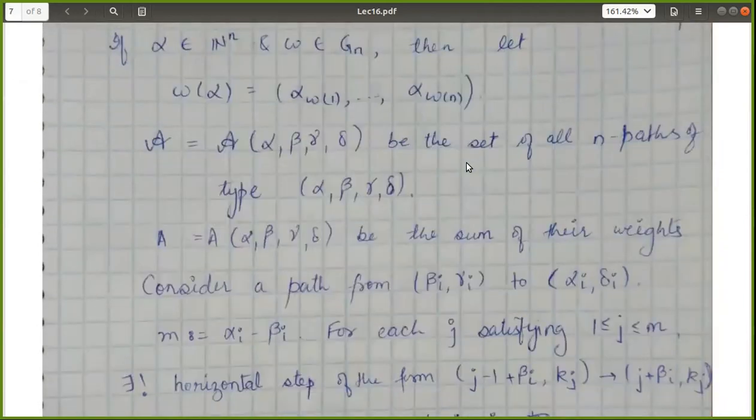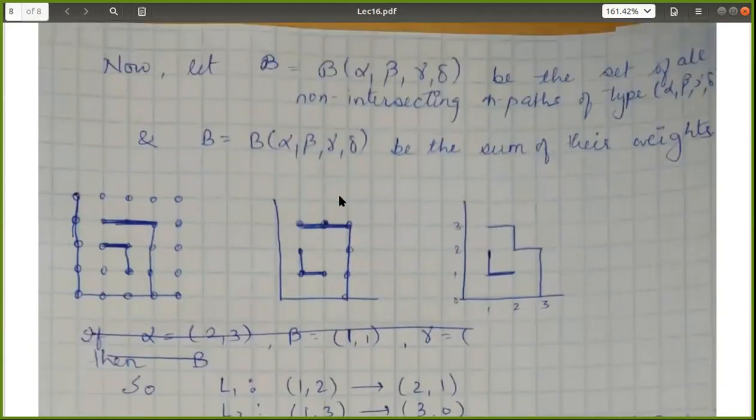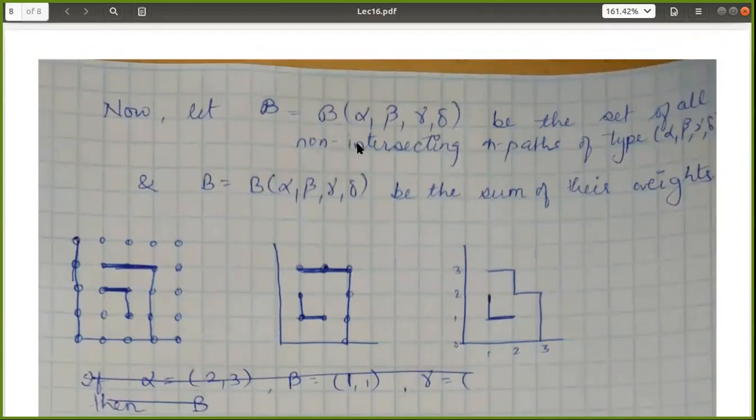Here it was the collection of all the n paths. Okay, this math cal A was a collection of all n paths of this type. Now math cal B is the collection of all non-intersecting n paths of this type. And then, just similar to what we did earlier, B is the sum of their weights.